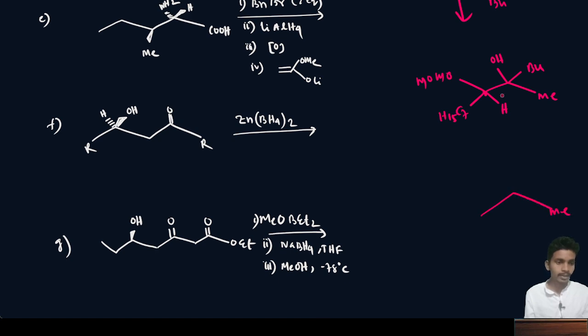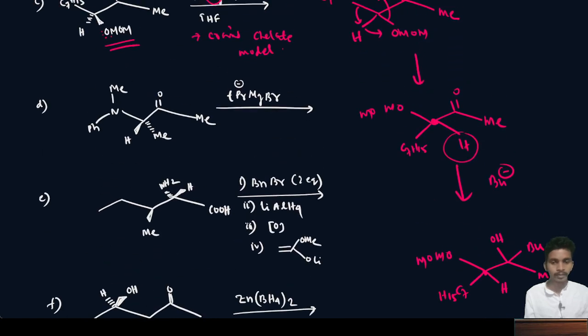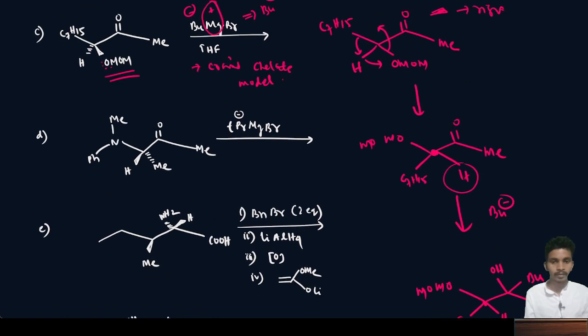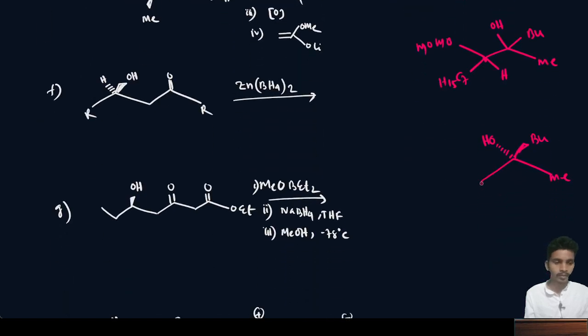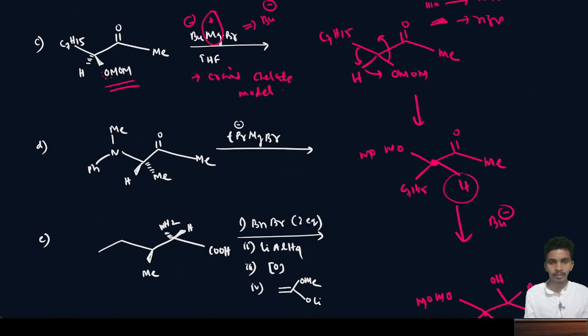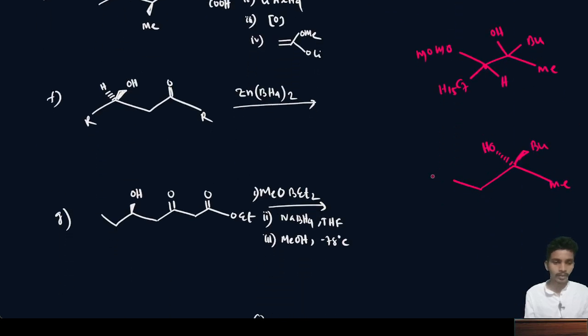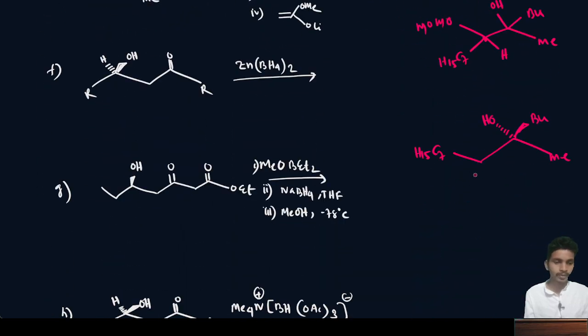So this will be that. Here is methyl, and right means front, and back means left, which means below, and here will be C7H15 and H and OMe.